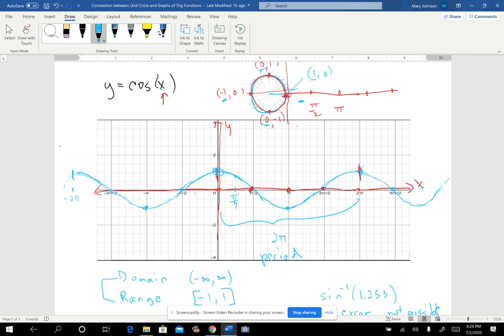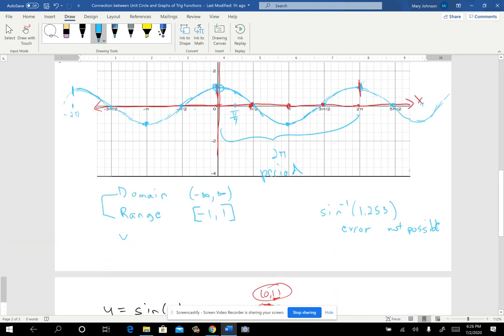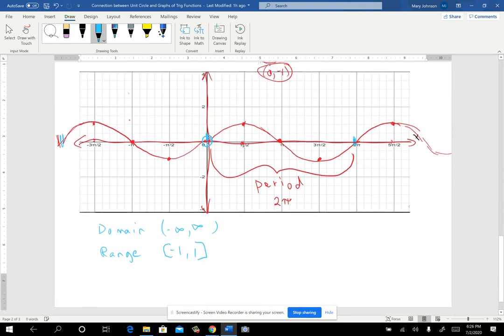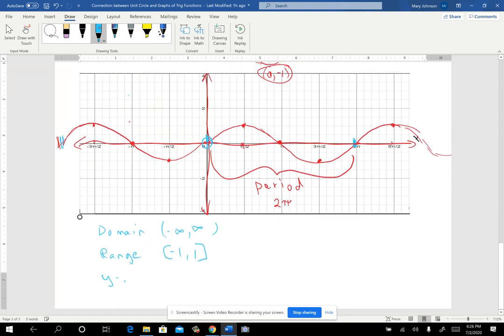So cosine has a y-intercept of 1. The y-intercept is the ordered pair 0, 1. And then with sine, the y-intercept is 0, 0.